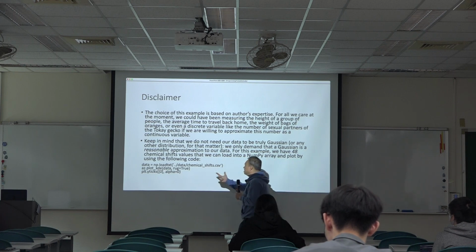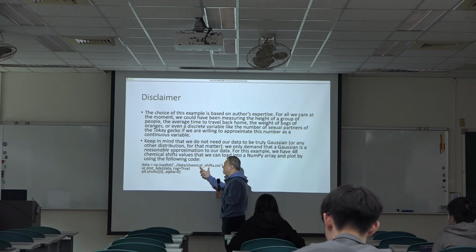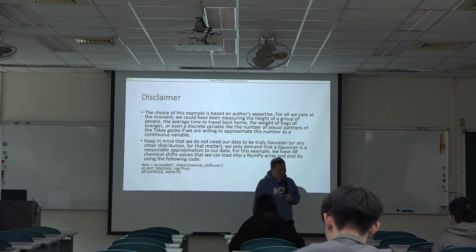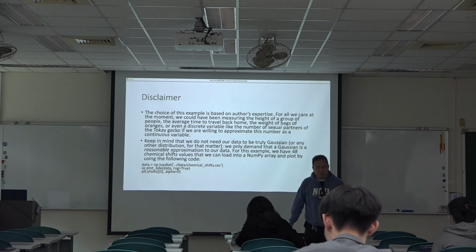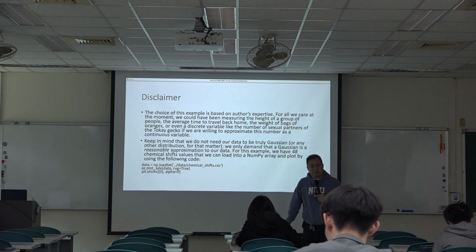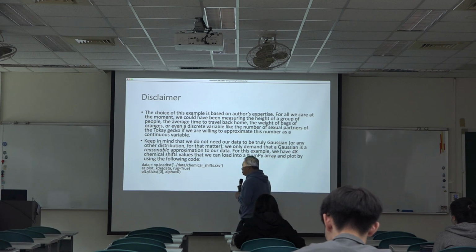This is a data set provided by the author. Obviously, this is not available outside. So you can search for this textbook and where you can download the program as well as the data set, and use it for your own learning.